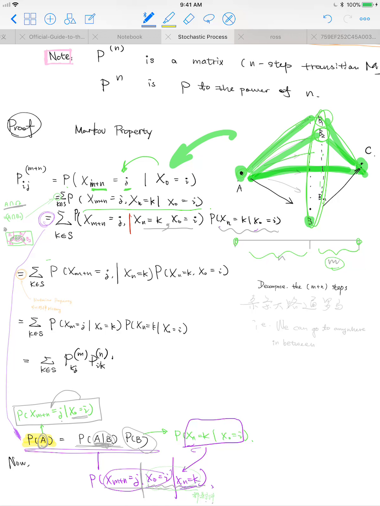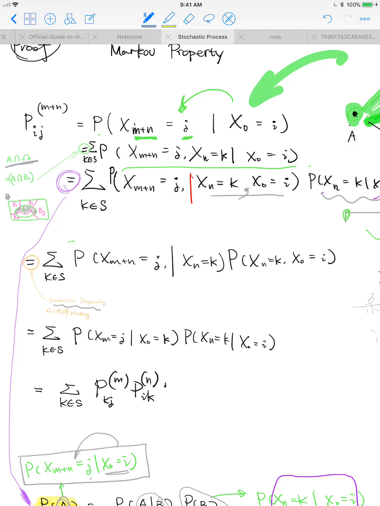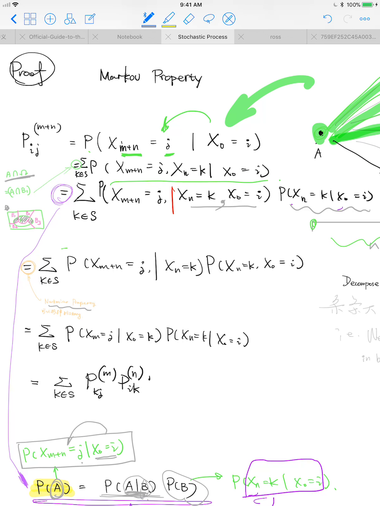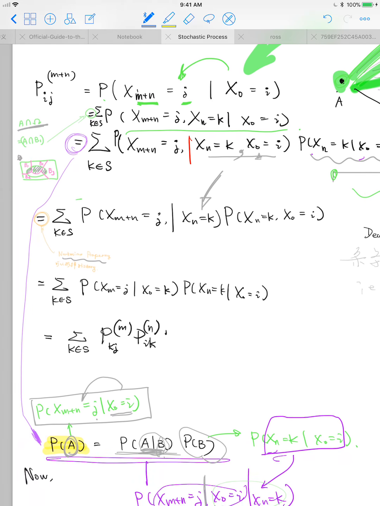Now the key point in this proof comes when we apply the Markovian property. Because the Markovian property says that it's memoryless. So once we know Xn equals k, we can simply throw away the information at time 0. So we simplify the notation and get this equation.